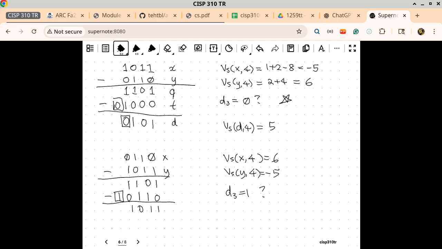Okay, so now if we are to track whether we have an overflow situation, that's an overflow. Okay, what about the next case? If you look at the signed interpretation of D in this case, what is it? Well, it would be 1 plus 2, which is a 3, minus 8, which is -5. Does that make sense to you? 6 minus -5 is -5. Nope, does not make sense. The sign itself alone does not make sense, right?